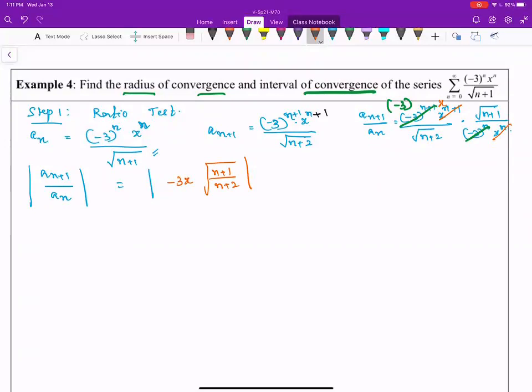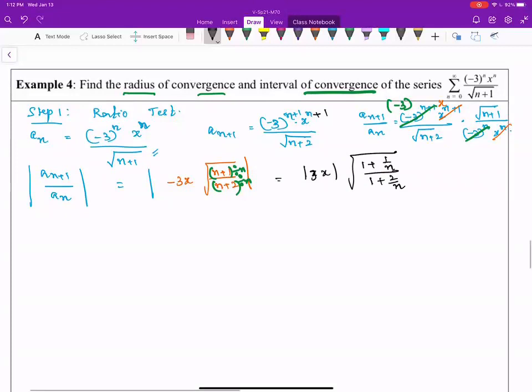As we are going to apply the limit, we can divide the numerator and the denominator by n. So this will be absolute value of 3 times x, times square root of (1 plus 1 over n) divided by (1 plus 2 over n).